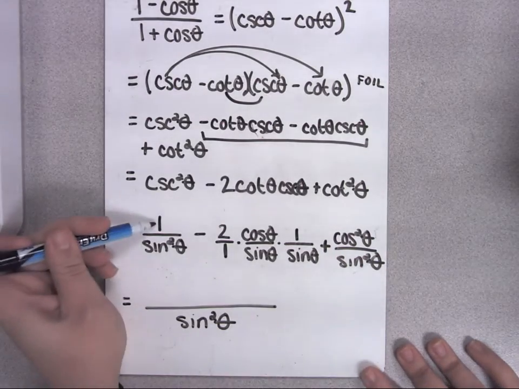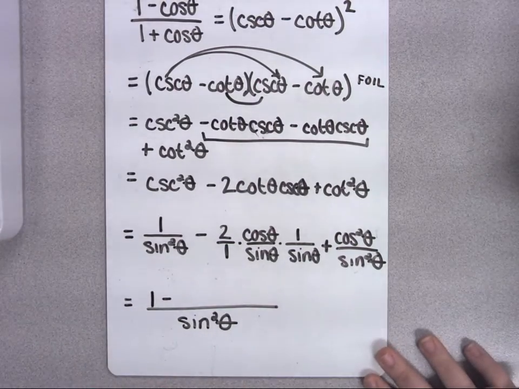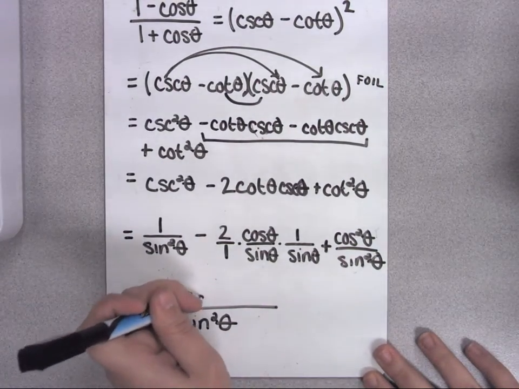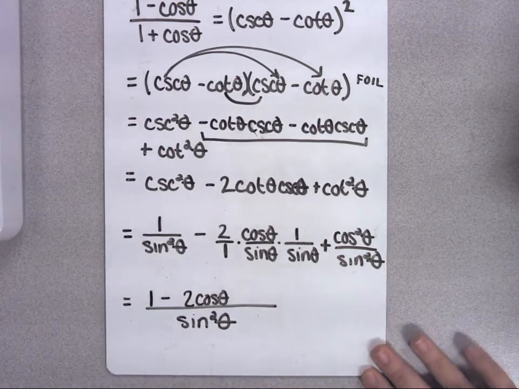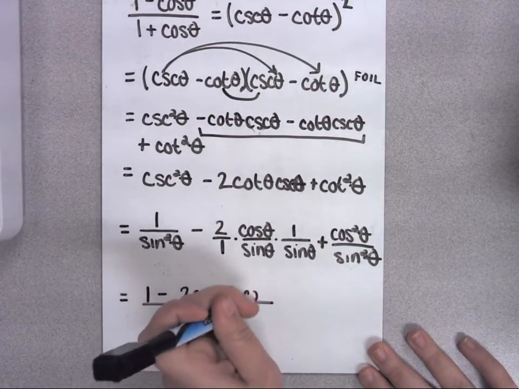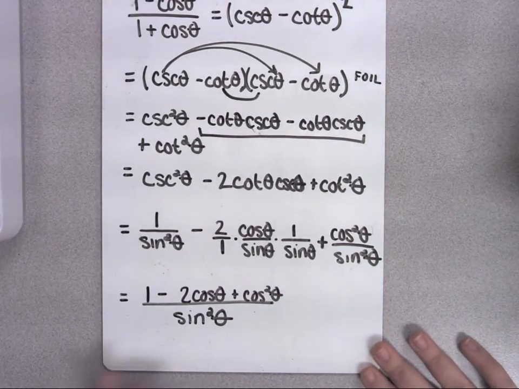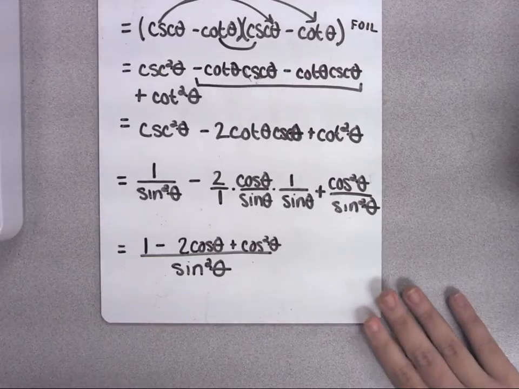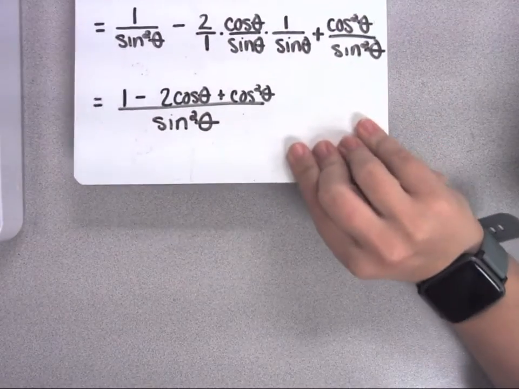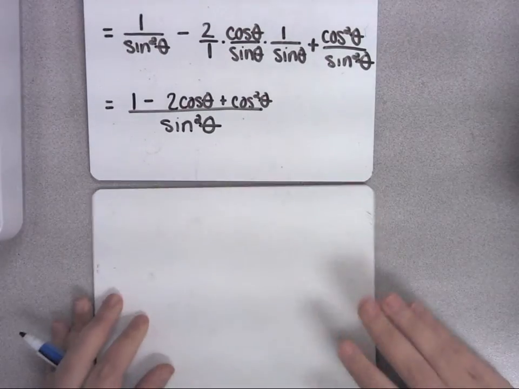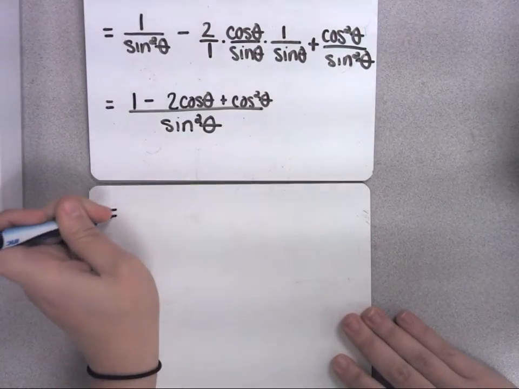Hold on. 1 minus 2 cosine of theta times 1 doesn't mean anything, plus cosine squared. You literally just bring it together. I'm going to need another board. I'm going to rewrite this up here.